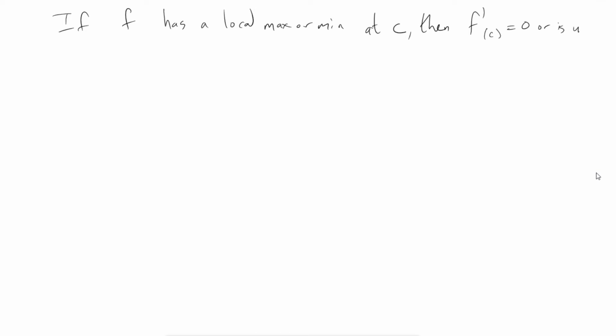If a function f has a local max or min at c, then the derivative of f at c is equal to 0 or is undefined.